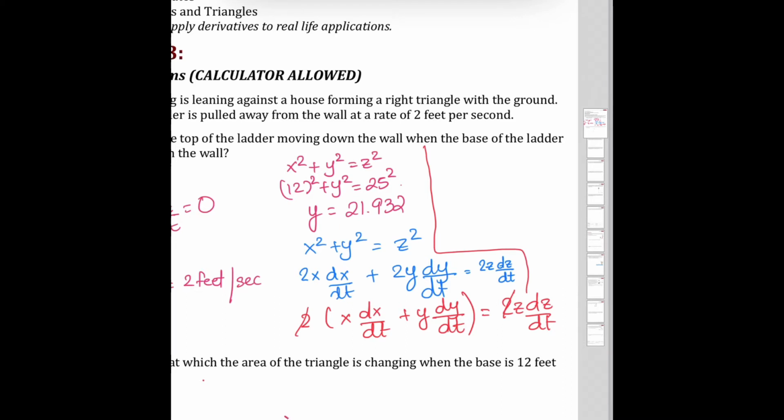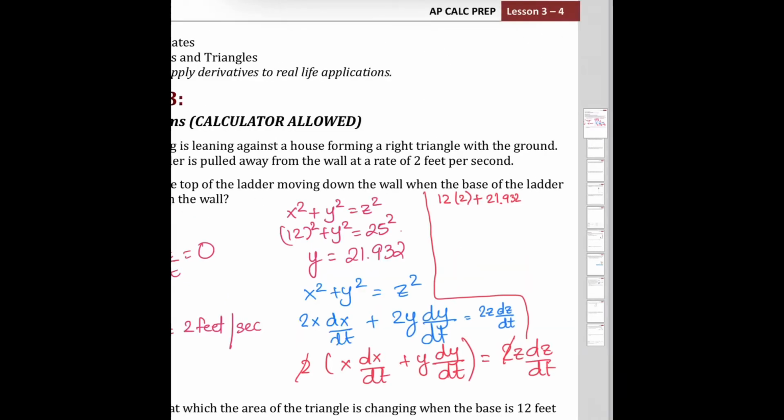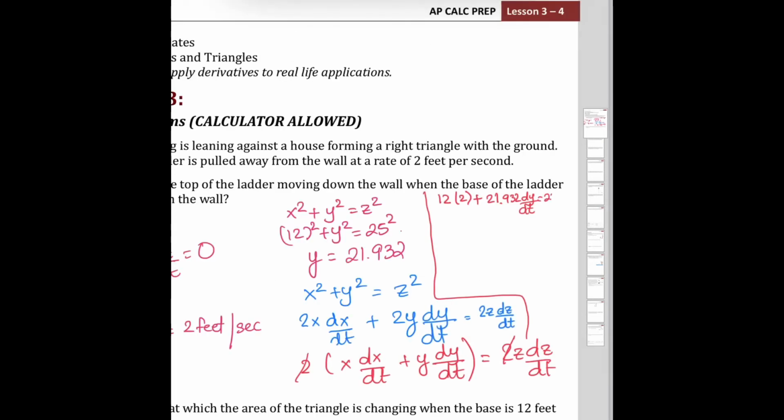I'm going to take it here and just sketch a line. Right? So now what is my x? My x was 12. My dx dt was 2 plus y is, we found it to be 21.932 times dy dt equals z, which is 25, times 0. dz dt is 0.